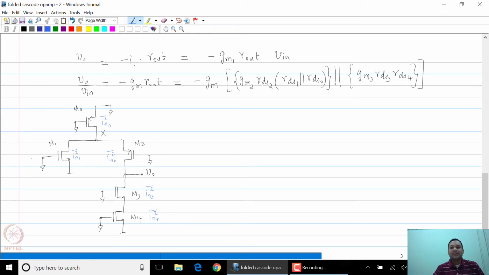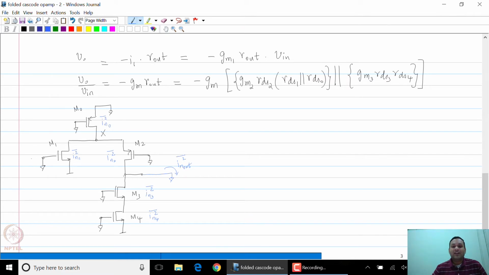Now let us look at each one of these and figure out if that noise will make its way to the output. The easiest way we have seen earlier is to short the output to ground and then look at the output short circuit noise current. So in short circuit condition, we are going to look at the output noise.